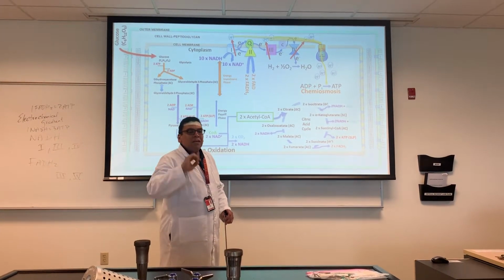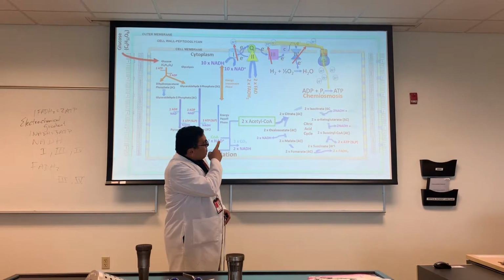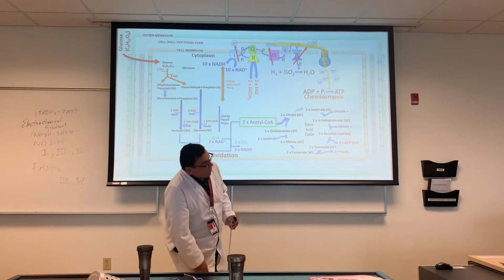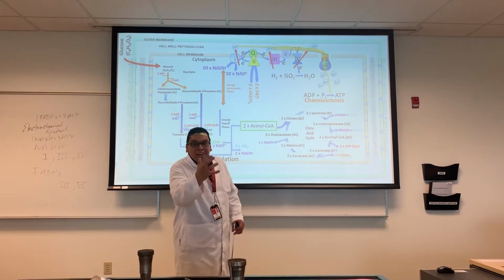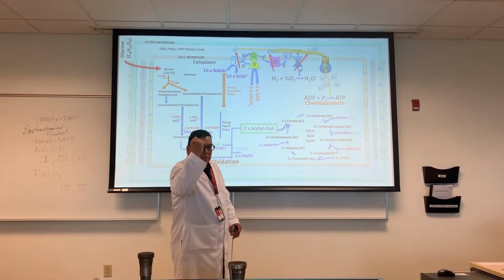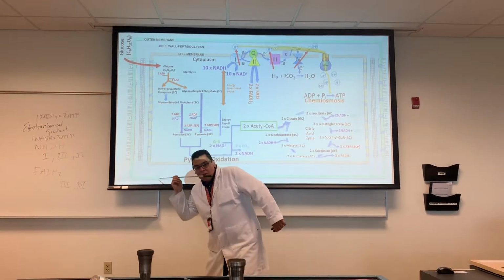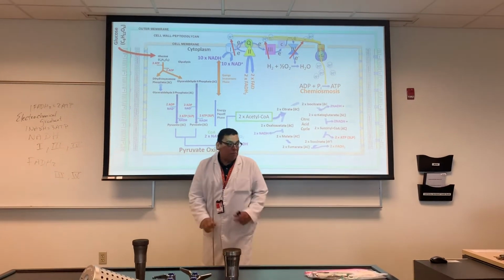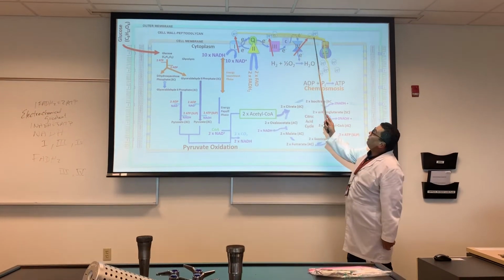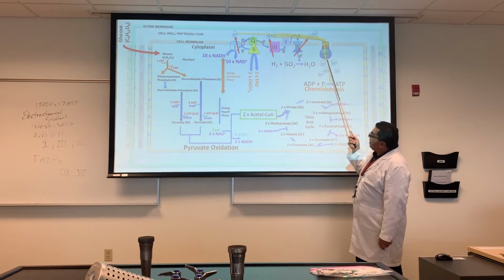The problem is, it's sleeping on the job. It's in there, in that membrane, sleeping. Someone has to wake it up to make ATP. Wake up! Oh, I know a good way to wake it up. Fire hydrogen right through it. That'll wake it up. That's what's happening right here. Take the hydrogen and fire it right through ATP synthase.